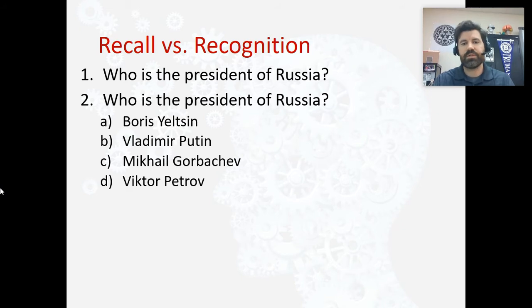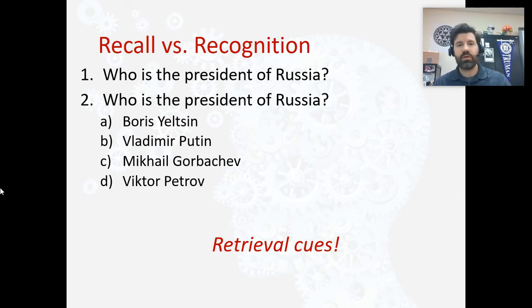The second one is an example of recognition, and it uses retrieval cues. It should come as no surprise to you that recall fades faster than recognition. It doesn't necessarily mean recognition is any easier. It just means that those particular memories, that type of memory retrieval, will last longer if you are given retrieval cues.